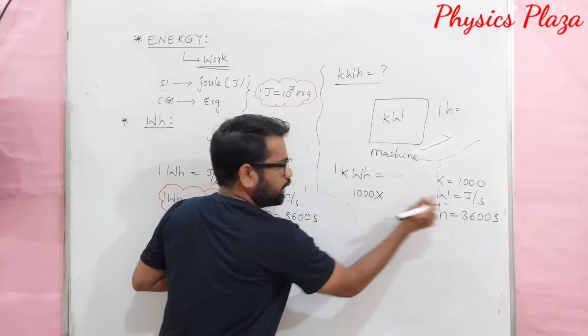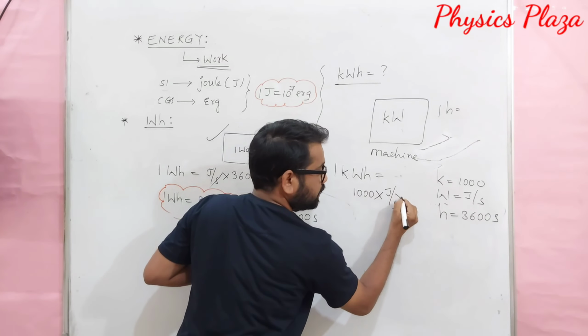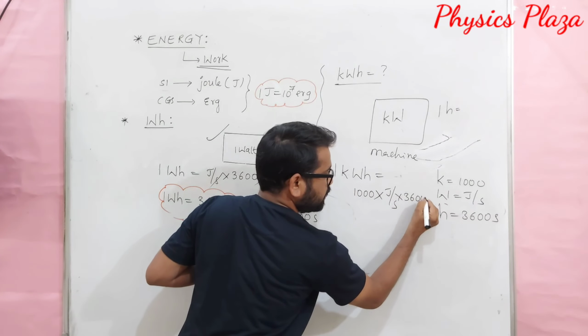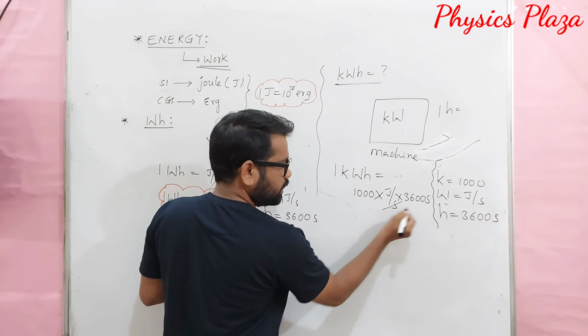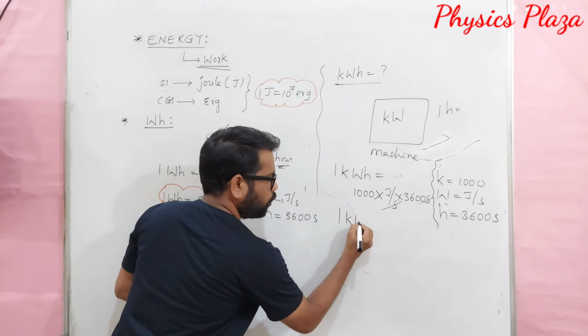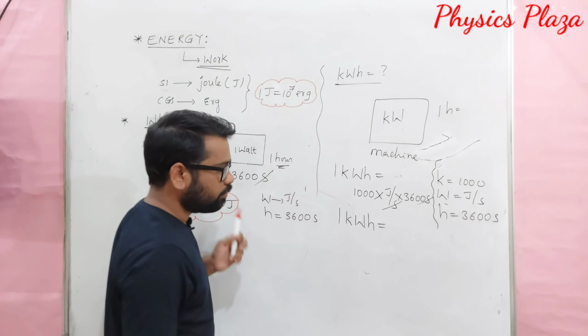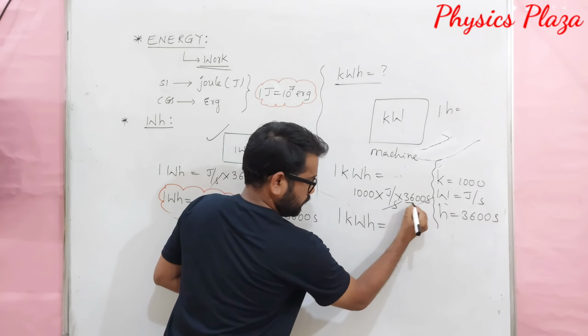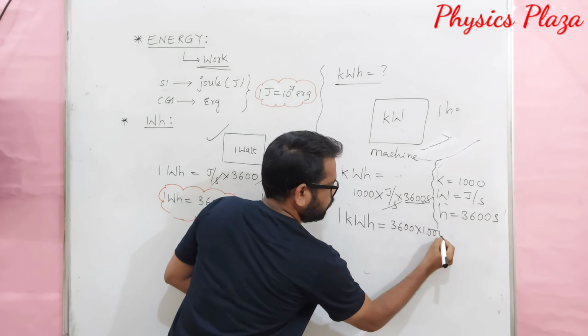In the place of watt, write joule per second. In the place of hour, write 3600 seconds. Look here, the second gets cancelled. So 1 kilowatt hour is equal to 3600 into 1000 joules.